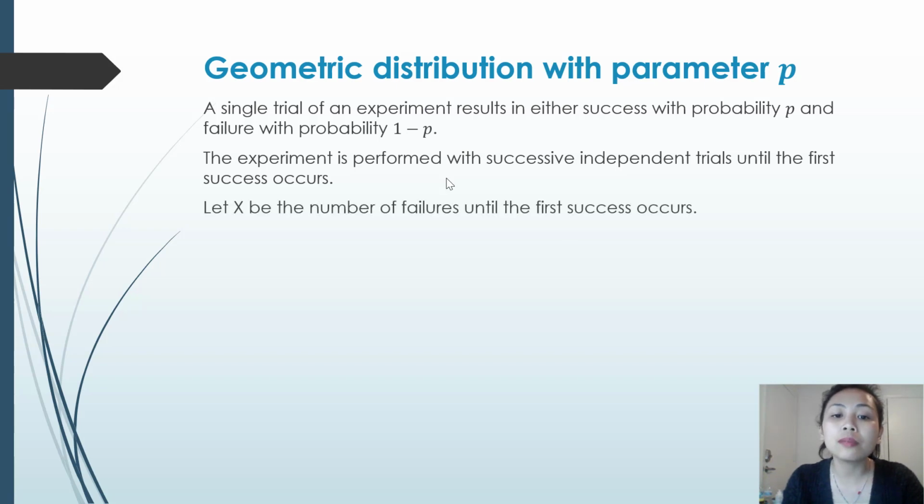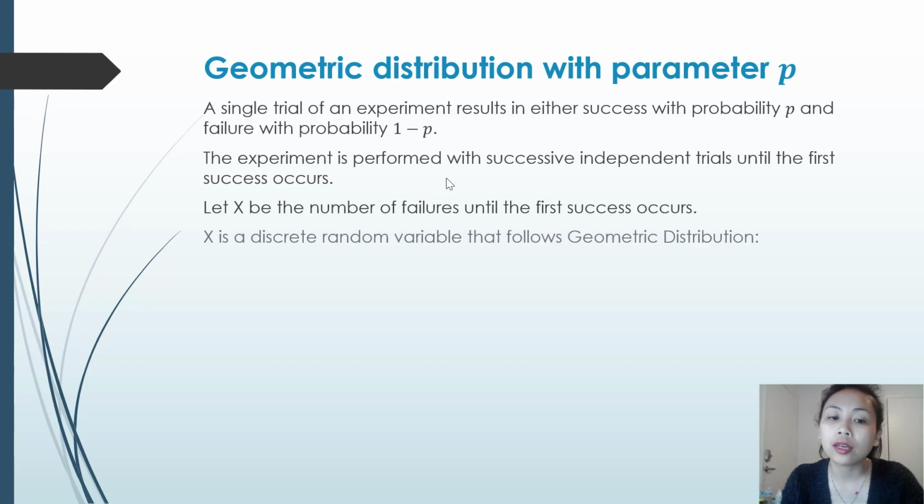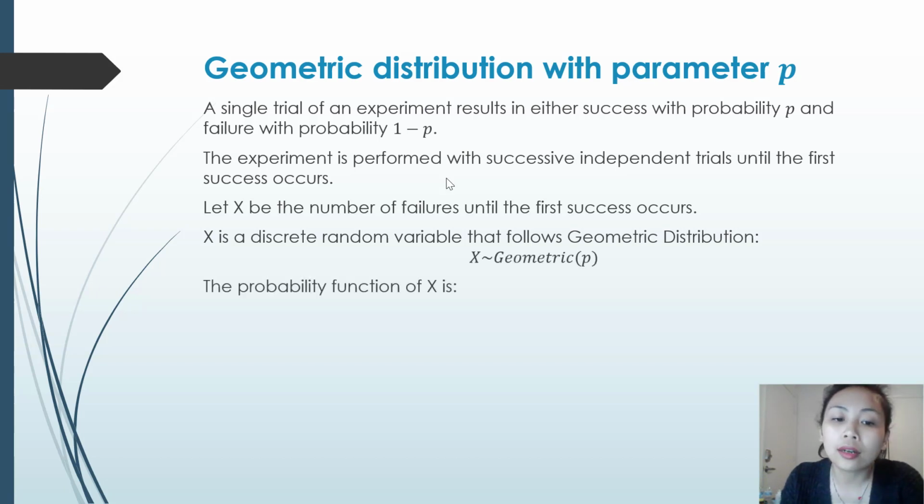So let x be the number of failures until the first success occurs. So x here is the discrete random variable that follows geometric distribution. And the probability function of x is p of x equals (1 minus p) to the x times p. Because until the first success, suppose x is the number of failures, that means the total trials we conducted is x plus 1.